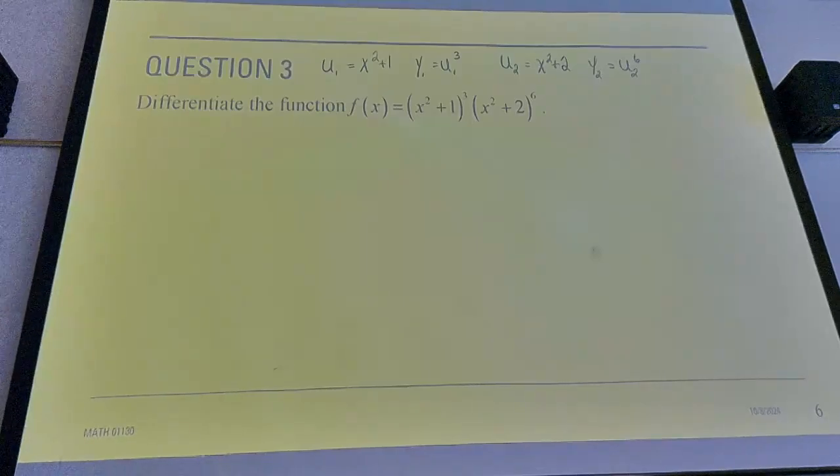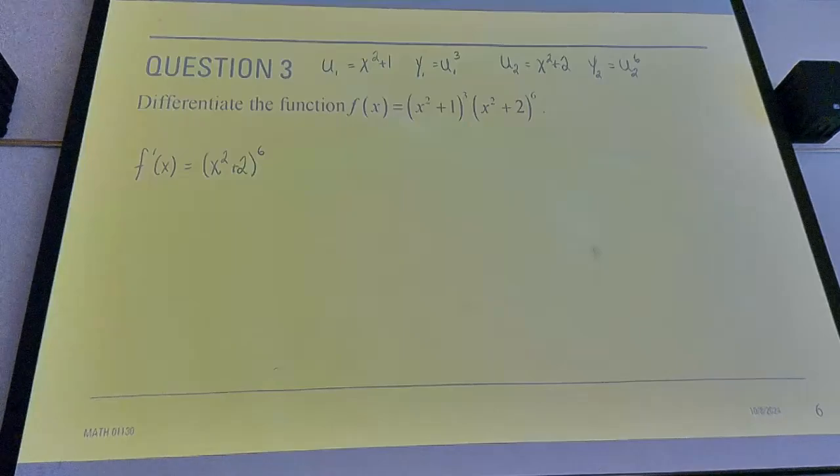Product rule. What did the product rule say? F of X times G prime of X plus G of X times F prime of X. Yeah, I'm going to stick with the other order, but it doesn't matter, it's the same.